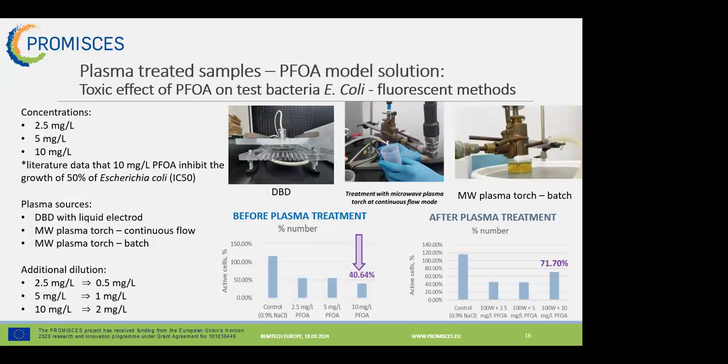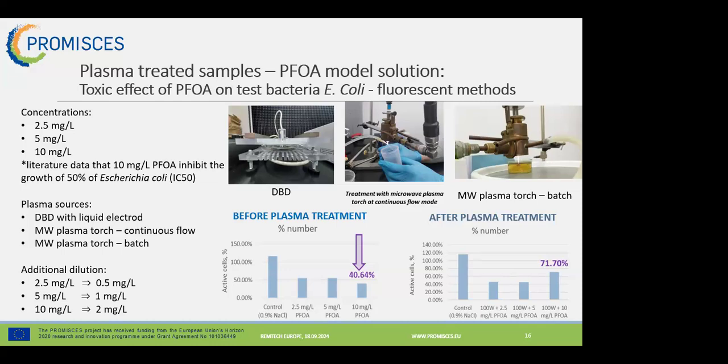We have used samples which are a model solution of PFOA in distilled water, with relatively high concentration. You can see here it is from 2.5 to 10 milligram per liter.